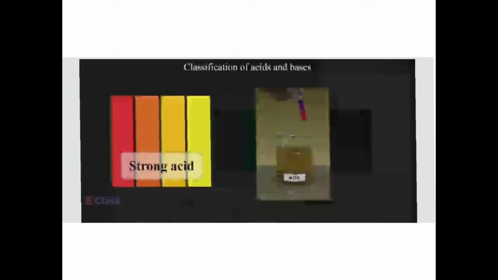Now let us understand about the strong acid. When it dissolves in water, if complete dissociation takes place, that means in the solution you have mainly H plus ions, then it is called a strong acid.